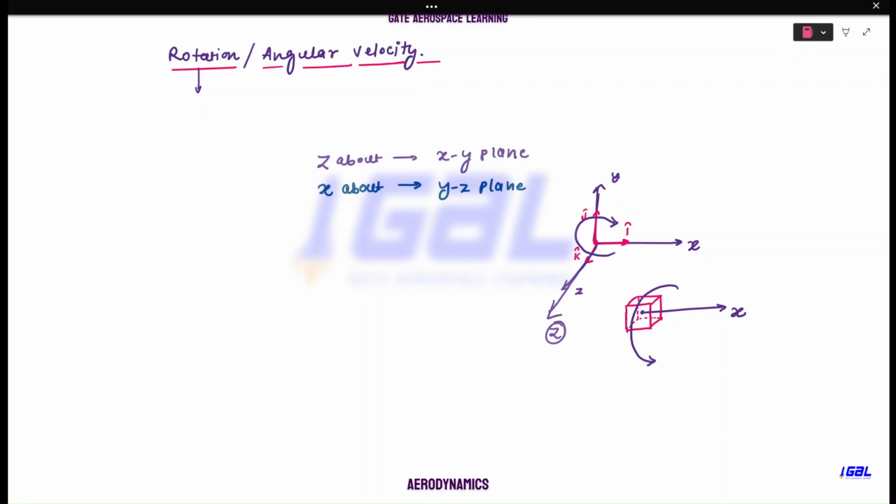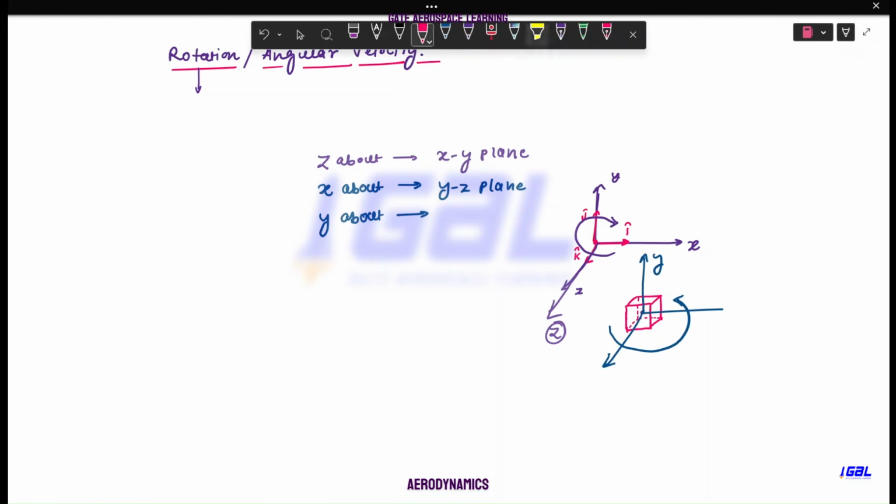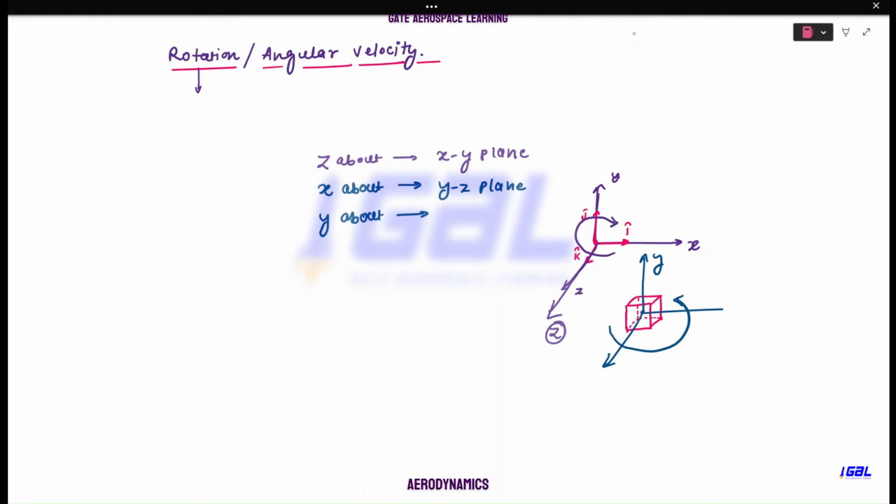Okay, similarly now you can get it. Let's say it is rotating about the y-axis, let's say the y-axis is this one. Okay, it is rotating about the y-axis, something like this, or in this direction. I hope now you can understand this. So it will rotate in the zx plane, or you say the xz plane.